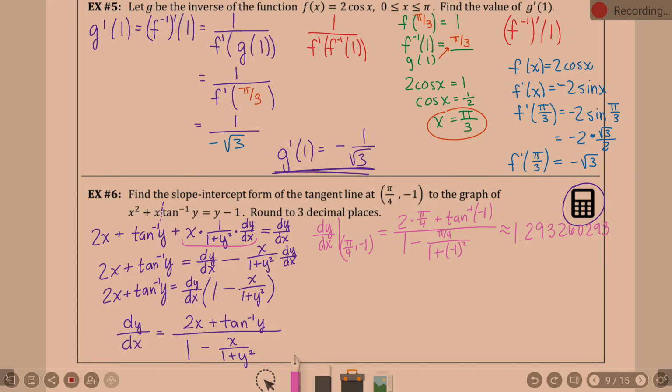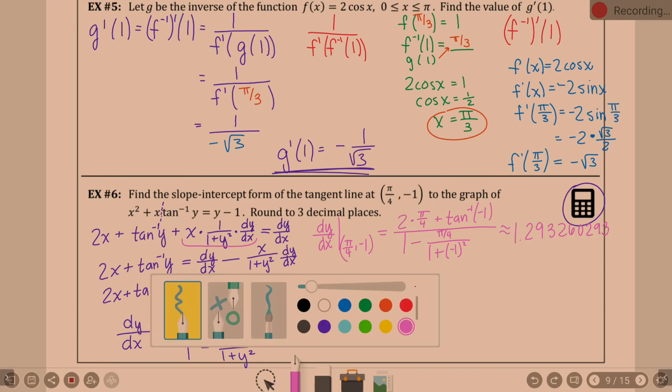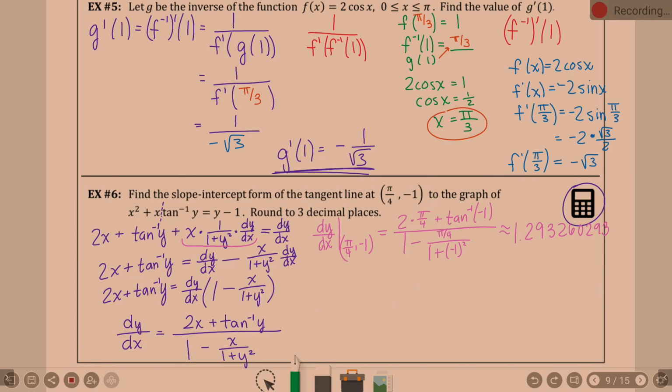Okay. Final answer. Slope-intercept form, yes? Now, it says slope-intercept form. Do we know our y-intercept? I don't know my y-intercept right now, do I? It's not negative 1, because that's not when x is 0. Now, here's what I would do, though. Slope-intercept form means we're in the end looking for y equals mx plus b, yes?